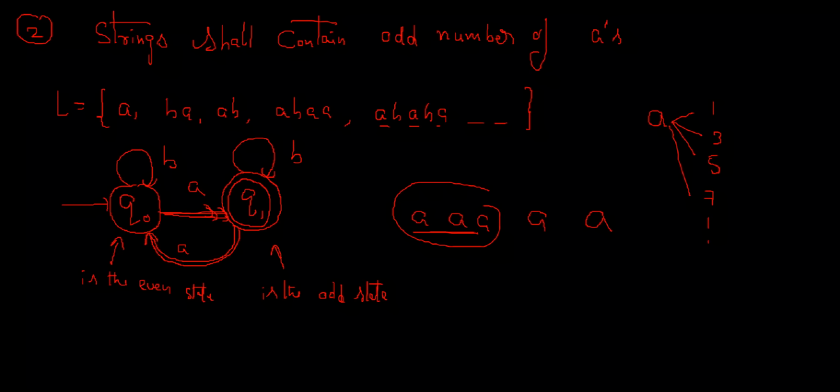Here also we are discussing the number of A's, but not the number of B's. B may come 0 times, B may come any times, B may come anywhere in between A's. But we are continuously concentrating on the number of A's. If it is odd number, then we are going to Q1. If it is an even number, we are coming to Q0.